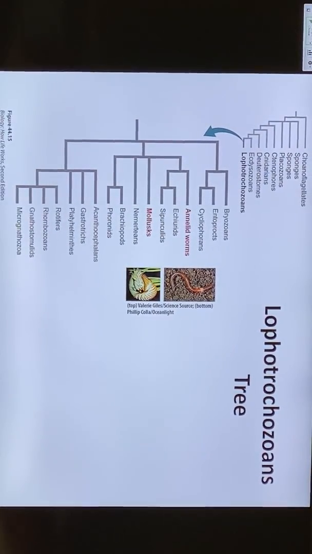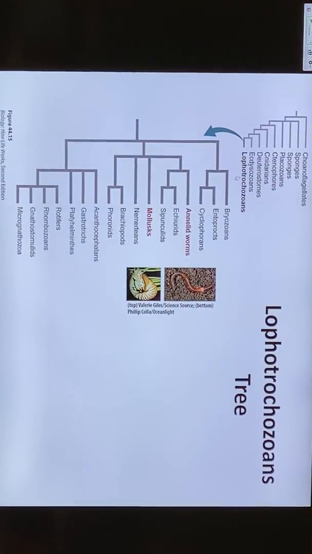Now, the bilaterians are broken down further into two major groups, the protostomes and the deuterostomes. The protostomes are further broken down into two major groups, ecdysozoans and lophotrochozoans.